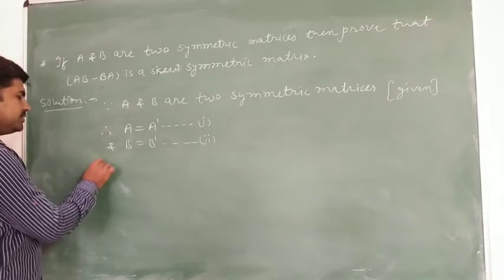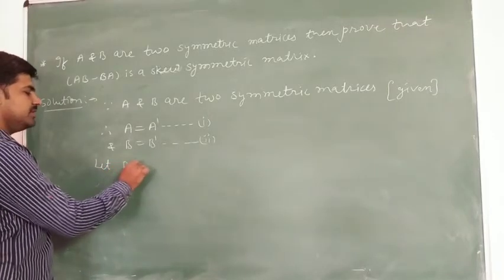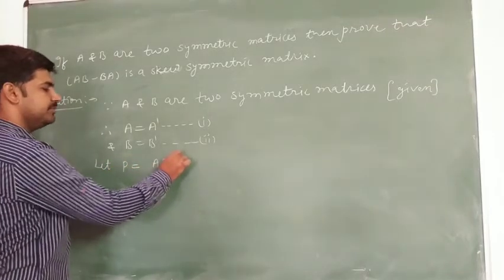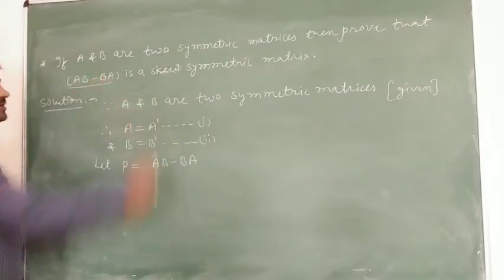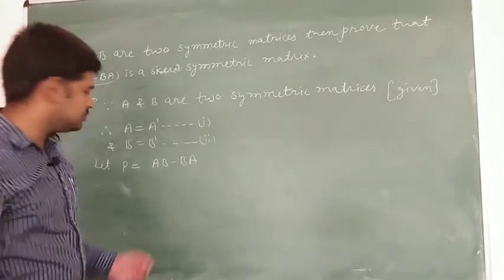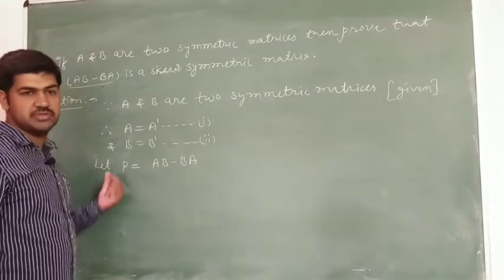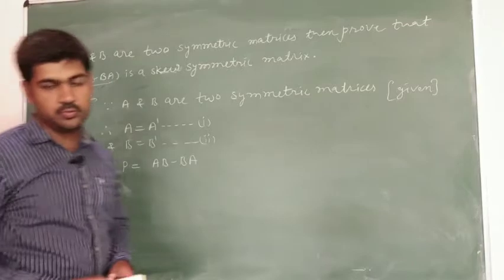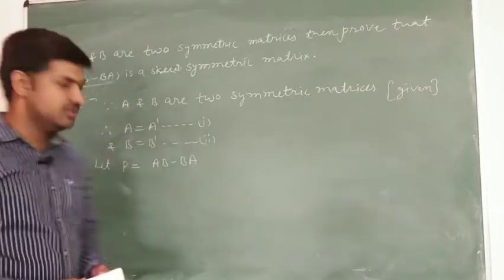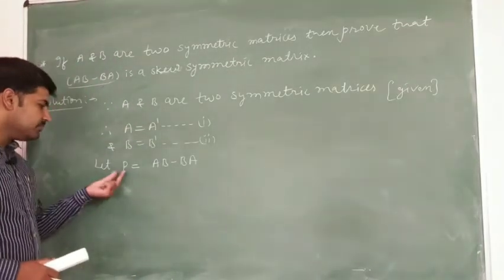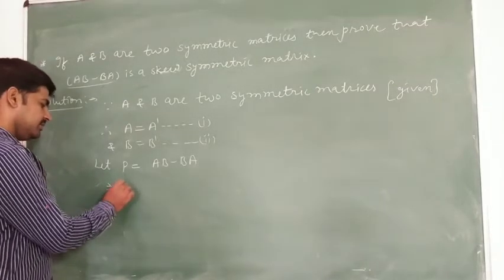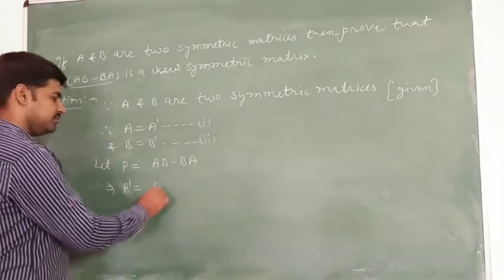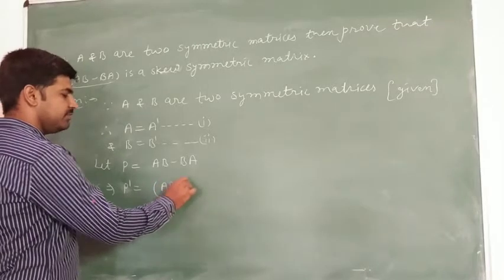So here I am supposing let P is equal to AB minus BA. I have supposed the name of this entire matrix AB minus BA as P. Now what is our work? Our work is to prove P as a skew symmetric matrix, and in order to prove that, we need to find the transpose of P. So let us do that. The transpose of P is equal to the transpose of AB minus BA.